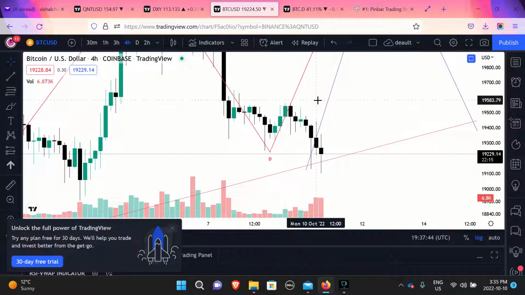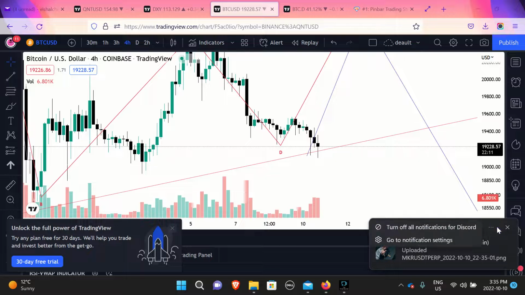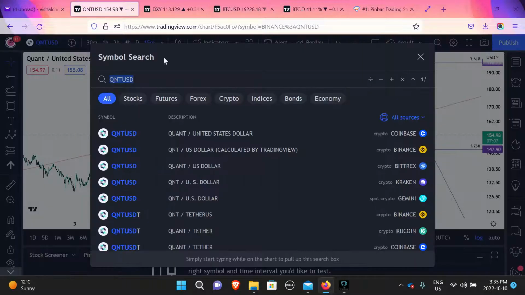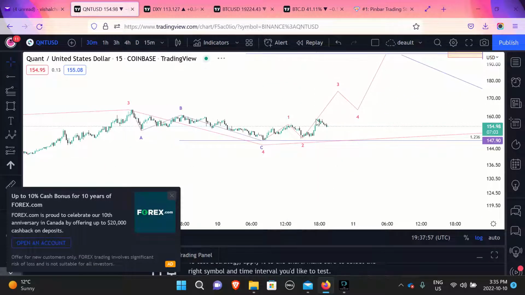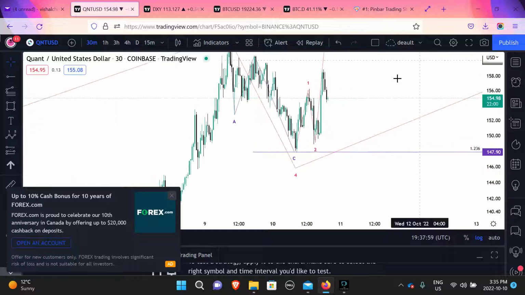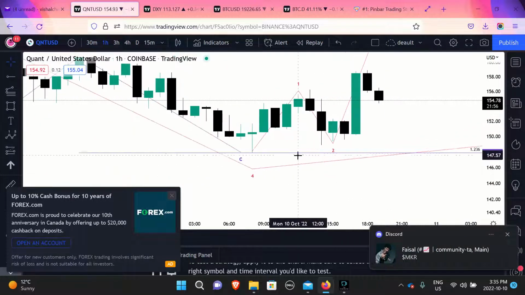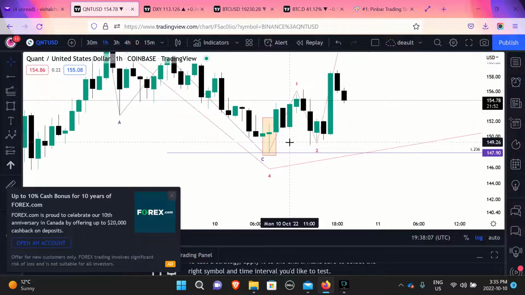Okay, let's take a look at Bitcoin. Also, I wanted to show you with Quant, if we go to the 1 hour time frame, we can see this candle right here is a bullish pin bar.